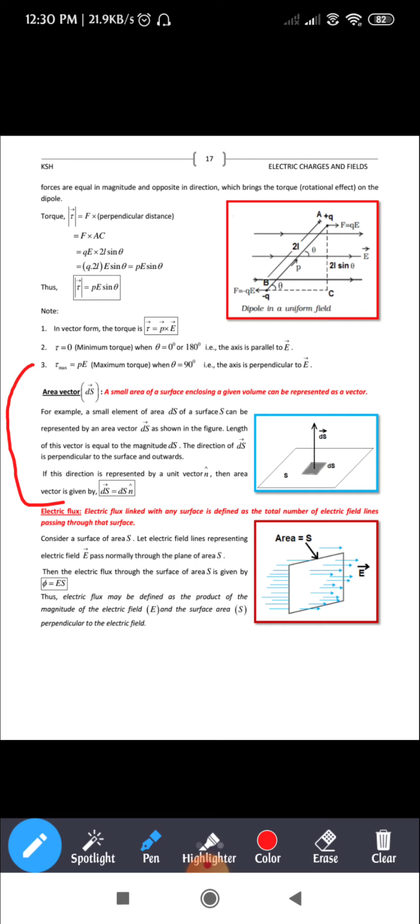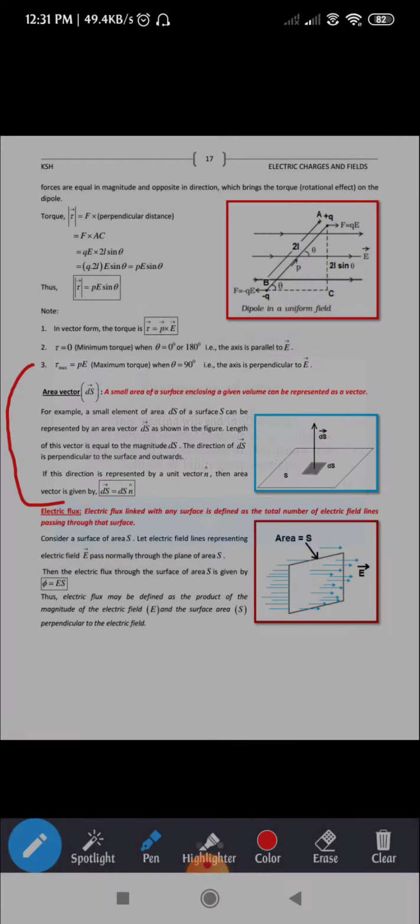In that surface we have taken a small area, a small element, that is ds, which is represented in dark color there.